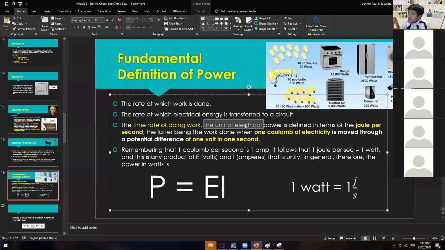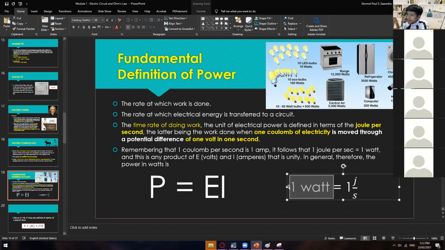The unit of electrical power is defined in terms of joule per second, the latter being the work done when 1 coulomb of electricity is moved through a potential difference of 1 volt in 1 second. From there, they came up with the formula wherein 1 watt is equal to 1 joule per second.